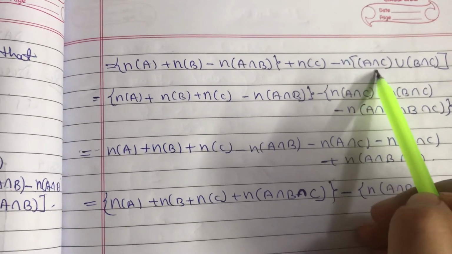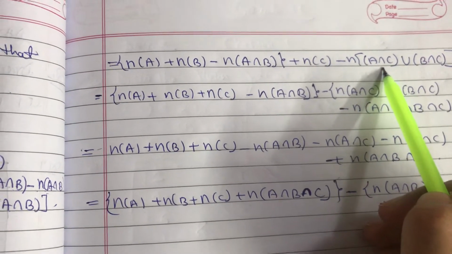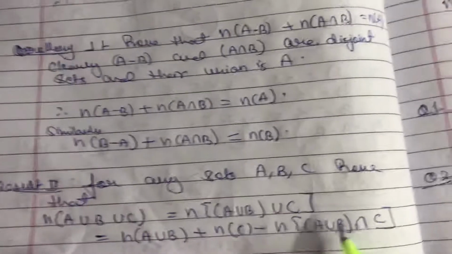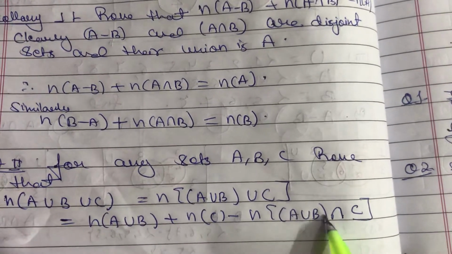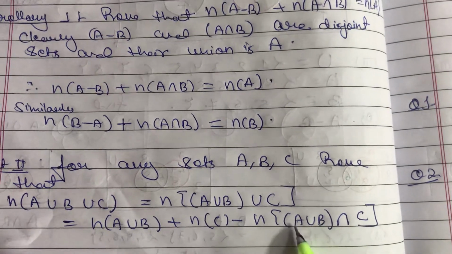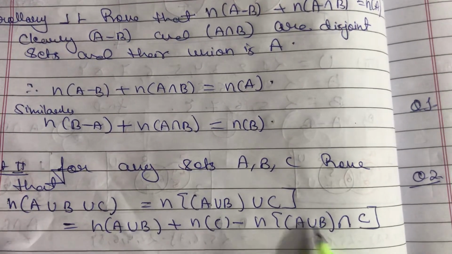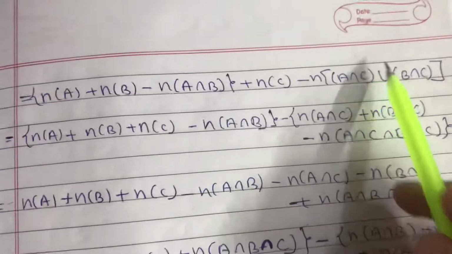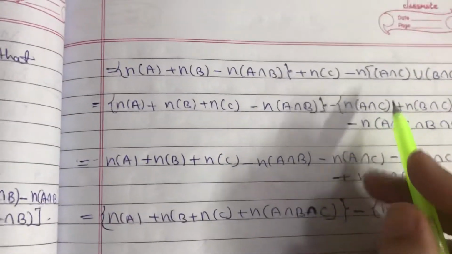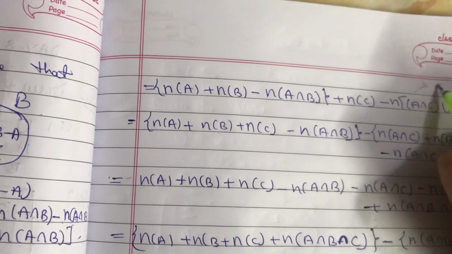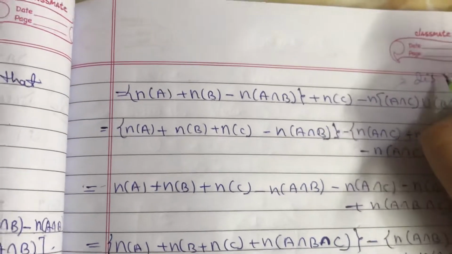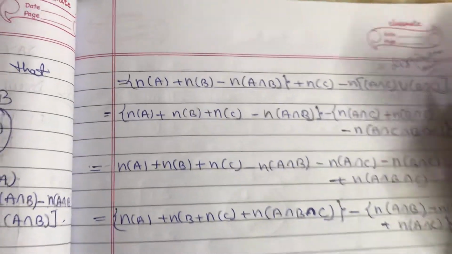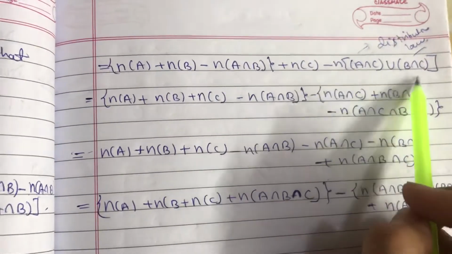It was given n of A union B intersection C. So using the distributive law, n of A union B intersection C, I can write over here n of A intersection C union B intersection C. This step I have used the distributive law.